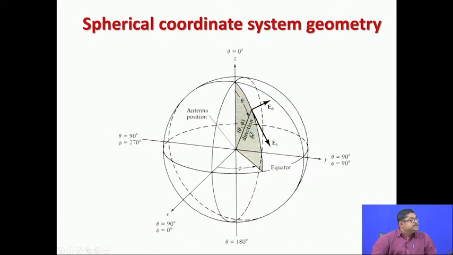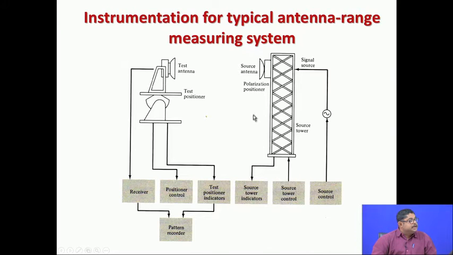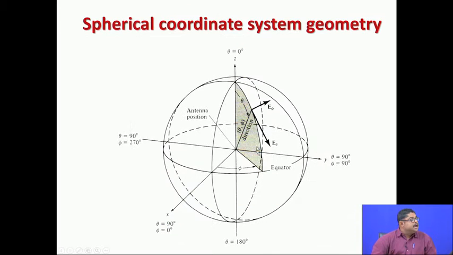So, we keep some fixed phi azimuth, then this is an example of an elevation pattern. So, for various values of theta you can get this pattern.